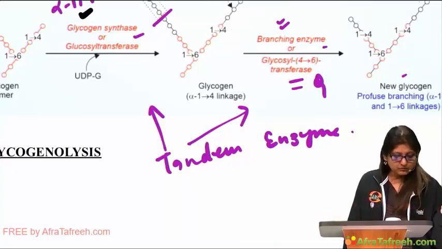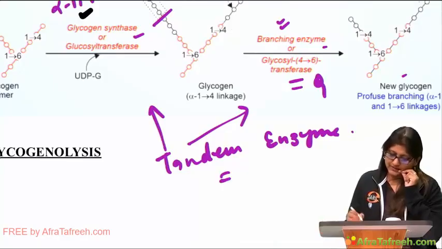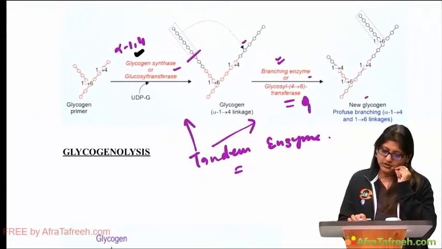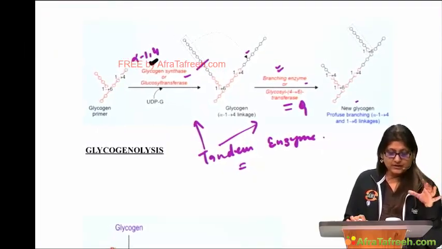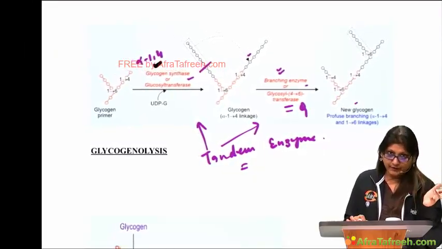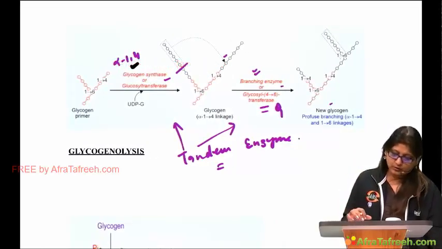Very good. So this is needed in glycogenesis. Multiple times the glycogen synthase and branching enzyme will act in a tandem fashion to create a highly branched polymer of glucose, which is glycogen.